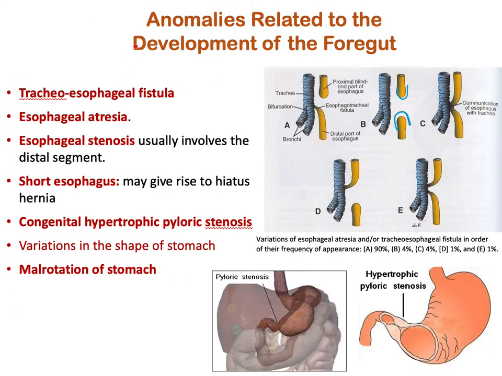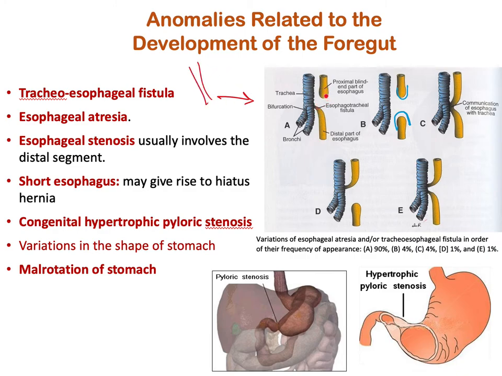Now, at the end, to talk briefly about anomalies related to the development of the foregut. Indeed, look at the figures on the right that show variations of esophageal atresia and or tracheoesophageal fistula. For example, look at the esophagus here. You have the upper part with atresia, completely obstructed, right? But the lower end, of course, is a continuous tube, right?